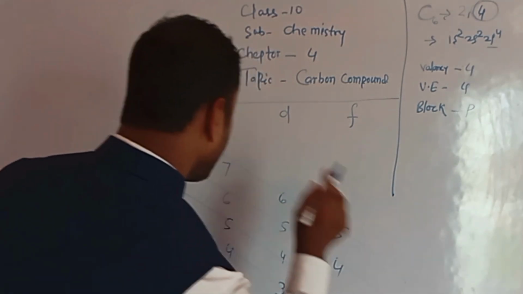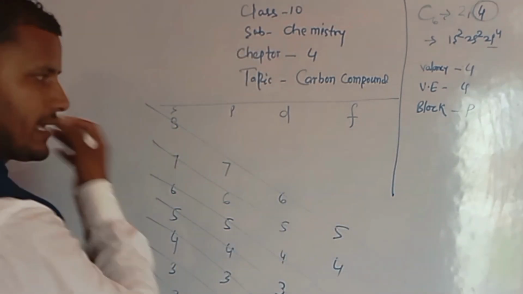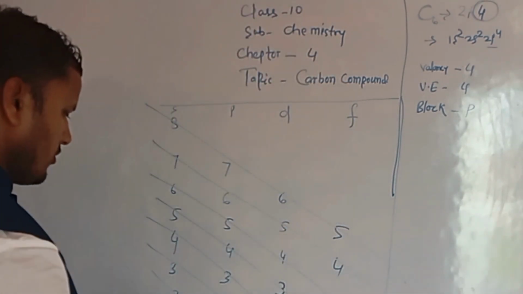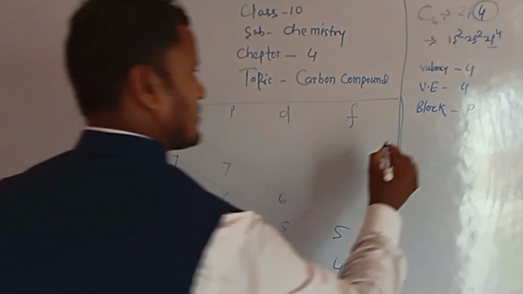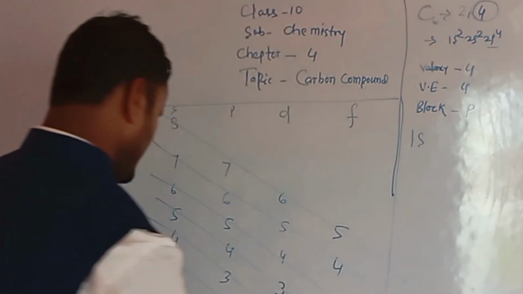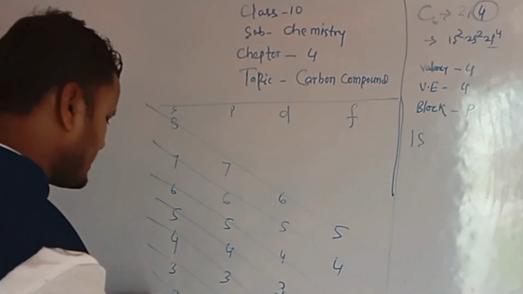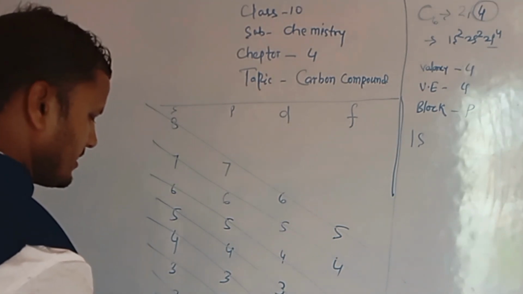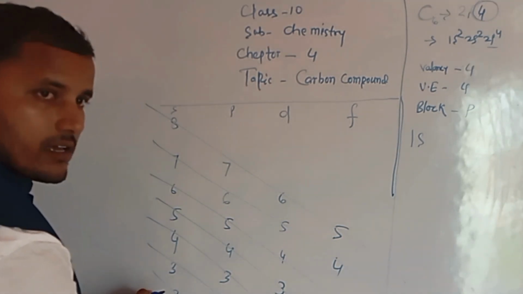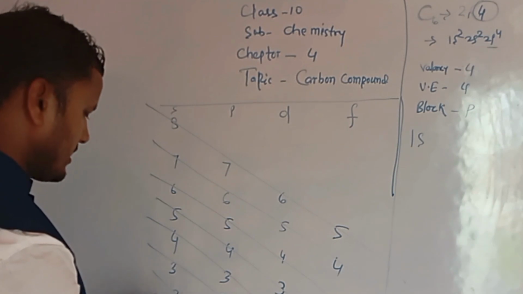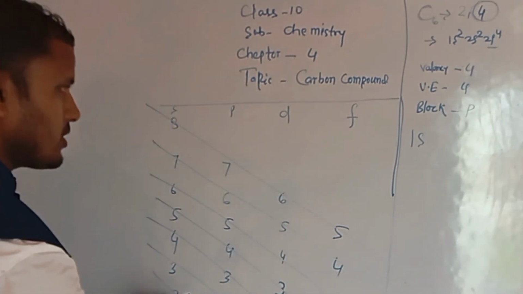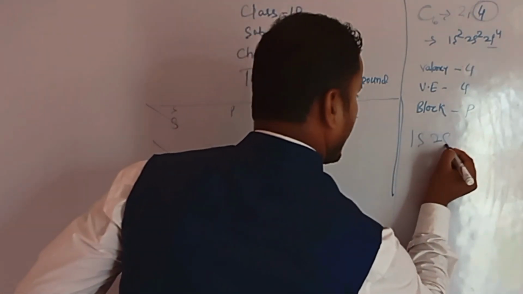For remembering, you can write here 1s. After that, this is a tail and this is a head. Tail to head, head to tail. 1s. After that 2s.